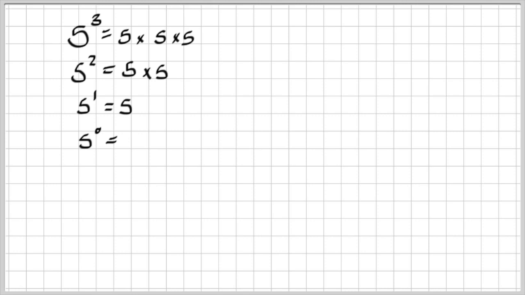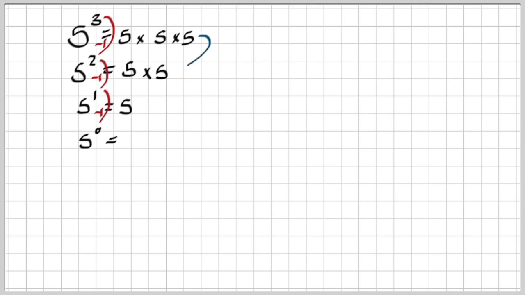So let's see if there's a pattern that follows. On the left-hand side, I keep on subtracting 1 from the exponent. I get 3, then it becomes 2, 1, then 0. What's happening on the right-hand side? You can kind of say I take away a 5, but that's not actually what's happening.